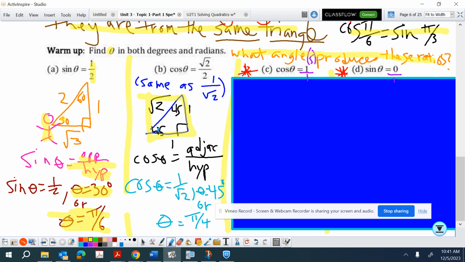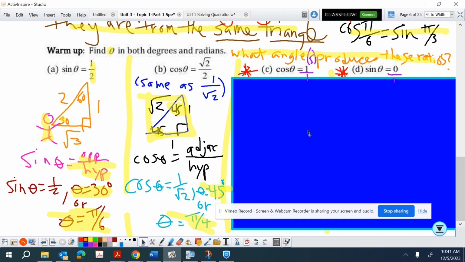So whether I'm standing over here or over here, remember with a 45, 45, 90, the cosine and sine ratios are going to be the same because the angle measurements are the same. So regardless of where I'm standing, since the ratio is square root of 2 over 2 or 1 over square root of 2, my angle measurements are 45 or pi over 4.